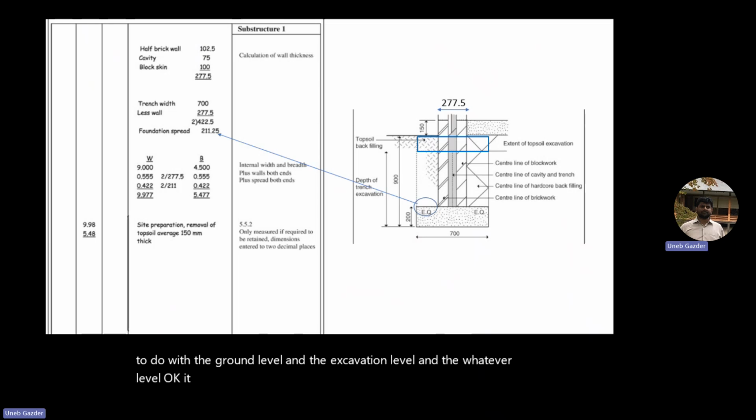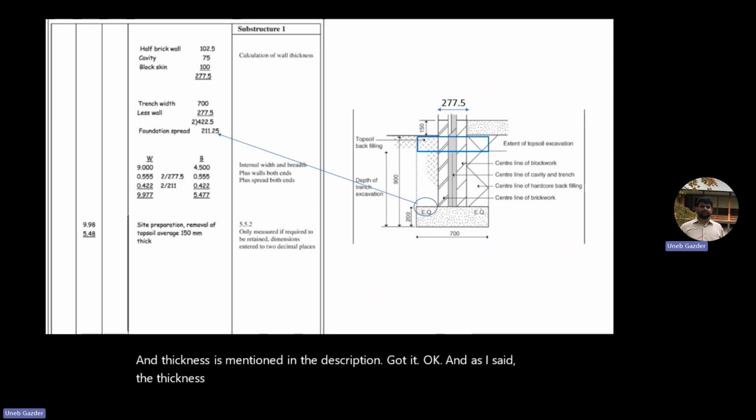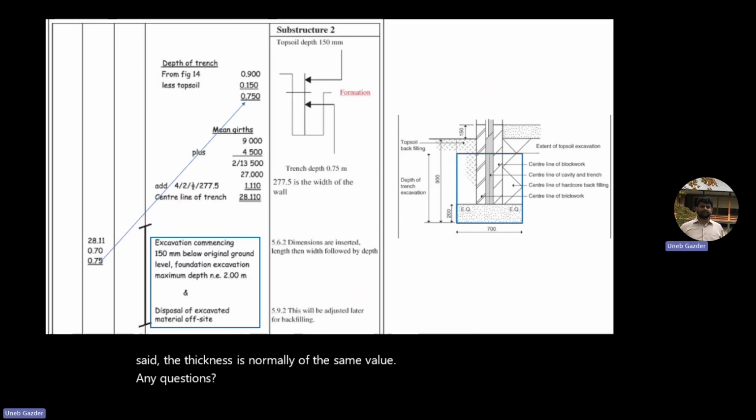Okay, it has nothing to do with that. Okay, just cleaning. So for topsoil removal, I will write it like this: the area here and the thickness is mentioned in the description. Got it? Okay, and as I said, the thickness is normally of the same value. Any questions? Okay.